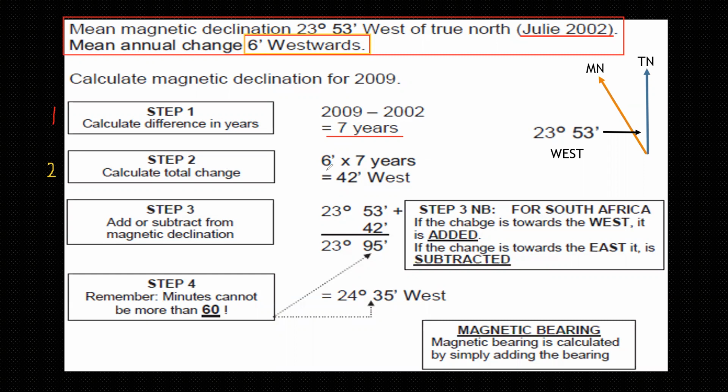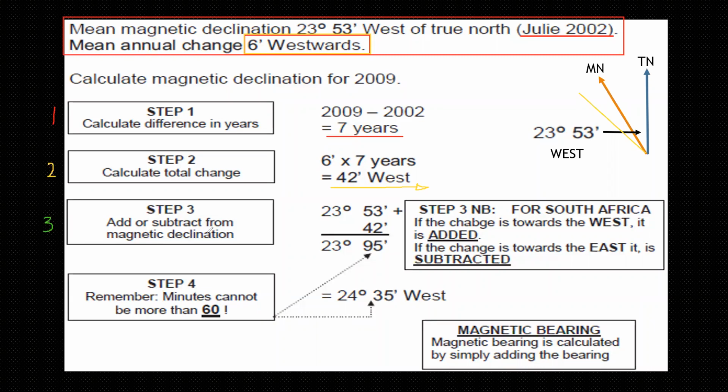So we take your 6 minutes, we times it by 7 years, and that will tell you that it has moved 42 minutes towards the west. Right. So now our new magnetic declination has moved again 42 minutes towards the west. We want to know what our current magnetic declination is for 2009. So we move on to step number 3.